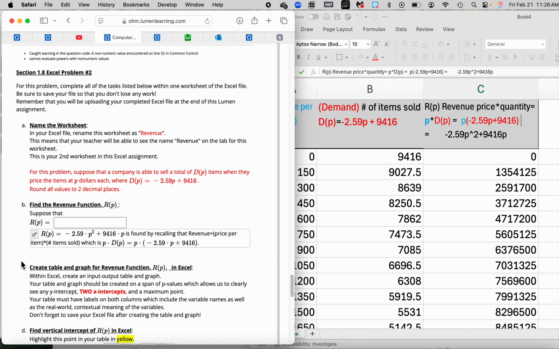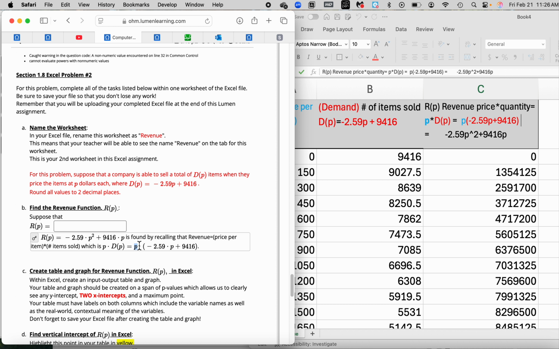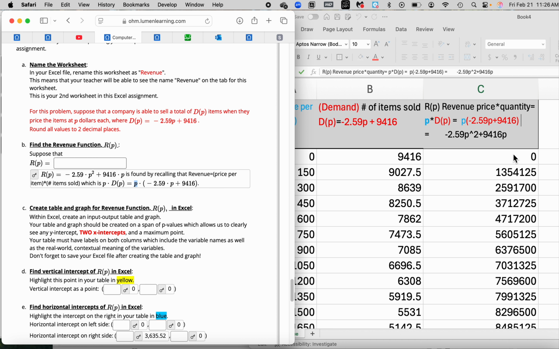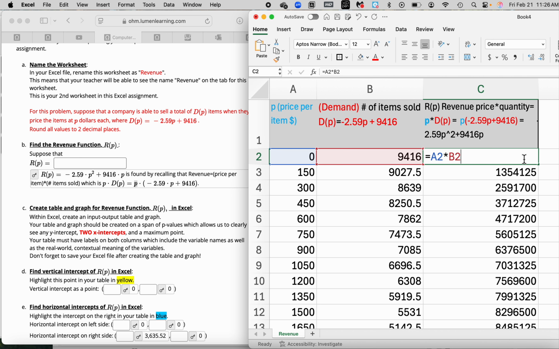Okay, so that's what they want you to put in this box here. And you can always look at the answer key as well. All right, so price times quantity. Lumen would have accepted either answer if you wrote it out P times D of P or if you distributed the P. All right, and so now I'm going to put that formula here.